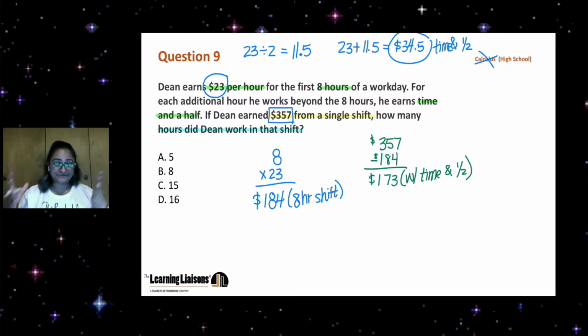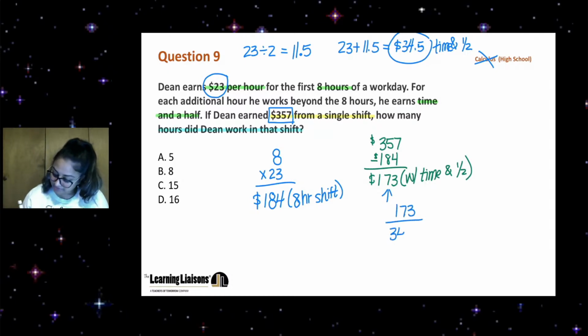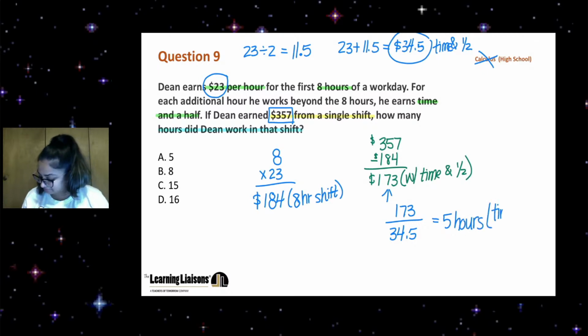If we get 3450 for time and a half, what do we now do? We have to figure out how many 3450s we have in 173. Why? Because that will tell us the amount of hours he got paid for, right? So 173 divided by 34.5. All right, my lovely handy dandy paper says that that is 5 hours. That's his time and a half time.